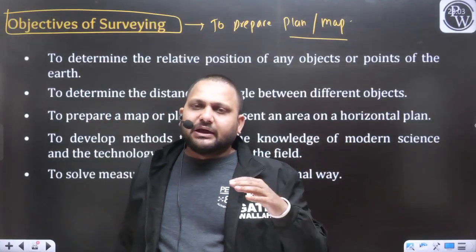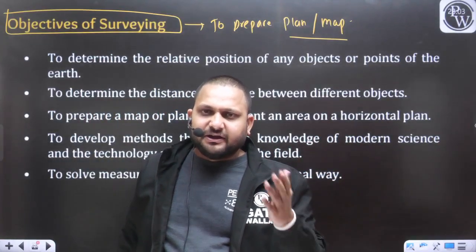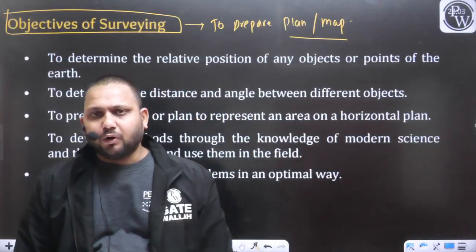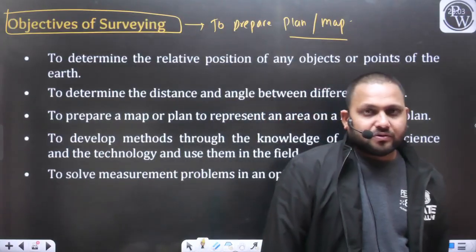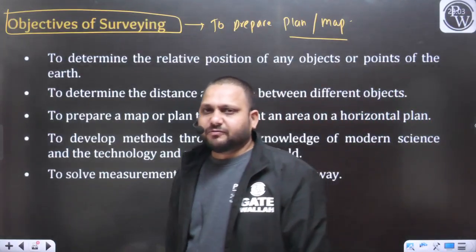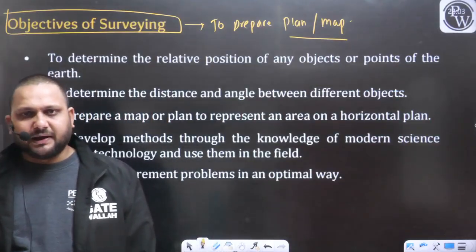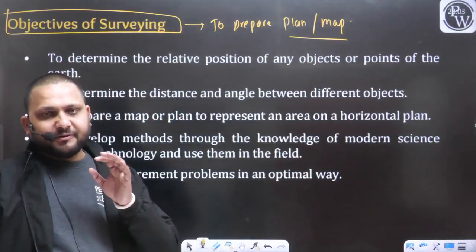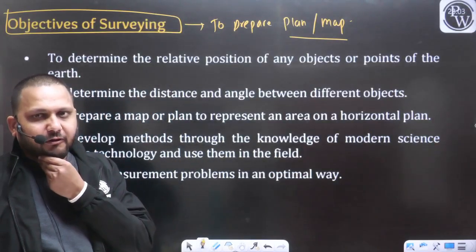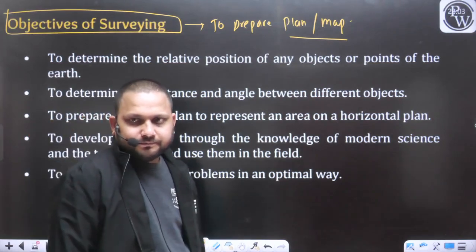If we know the length and width of the ground, we can calculate the area. Yes or no? So the main objective of surveying is the preparation of plan or map. So this was the fifth topic of the fundamentals of surveying.